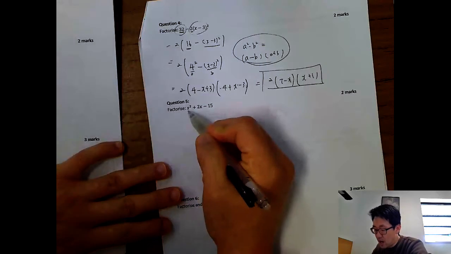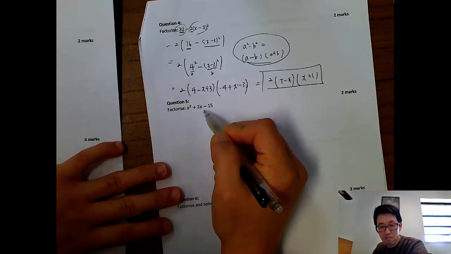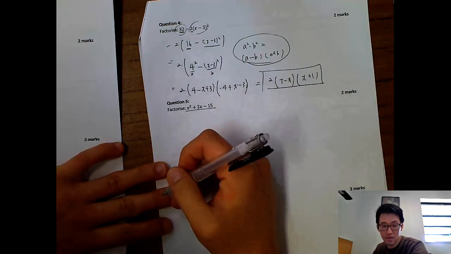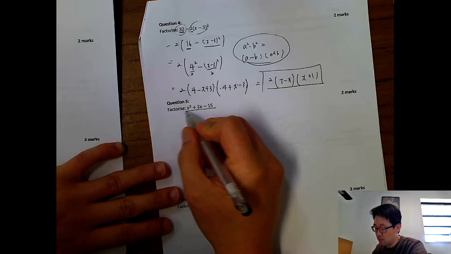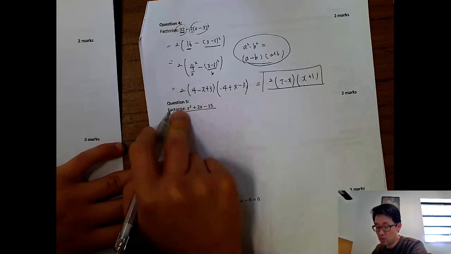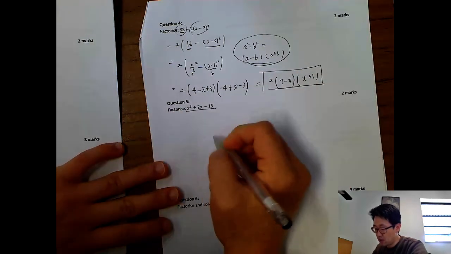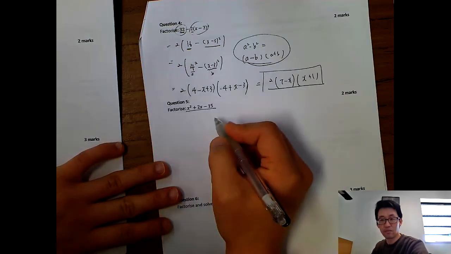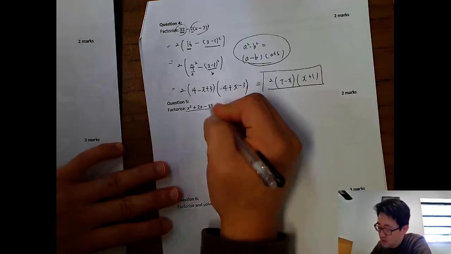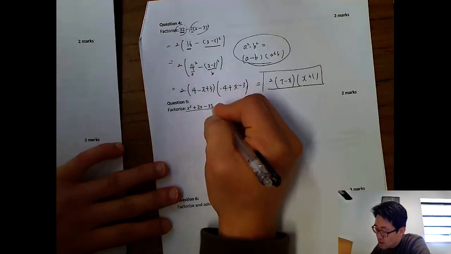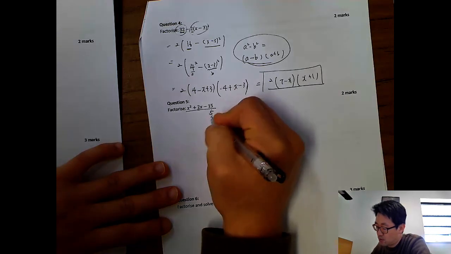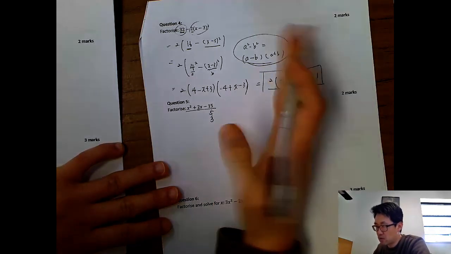Next one, ax squared plus bx plus c form, isn't it? Can I factorize it? That's the first thing you check. I mean, is there any highest common factor? No, it starts with 1, so I can't do that. I can factorize it. If I'm not able to factorize it directly, I use the quadratic formula. In this case, what times what will give 15, and the two numbers have a difference of 2, so 5 times 3. 1 and 15, the difference is 14.